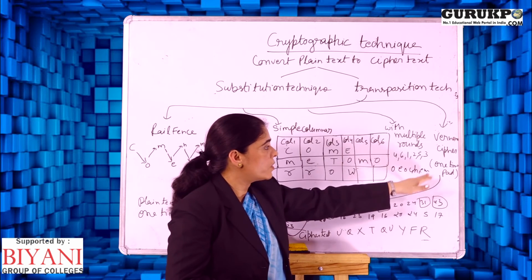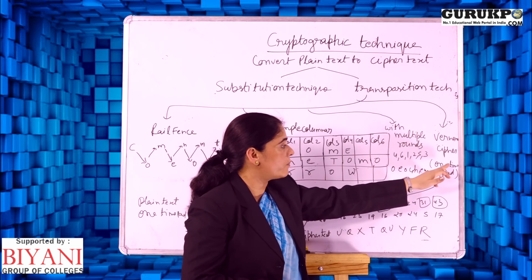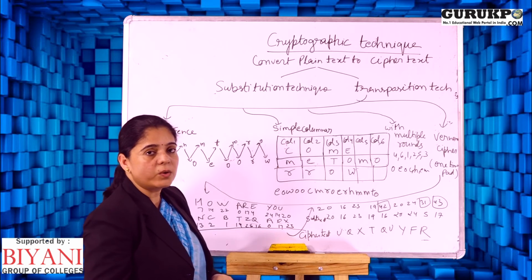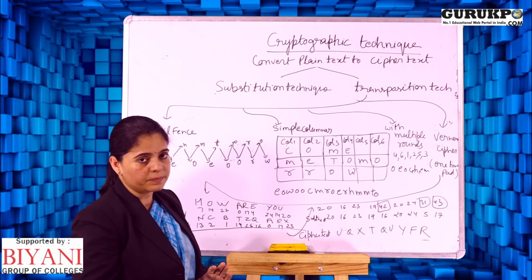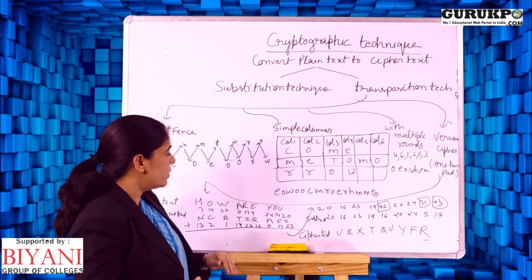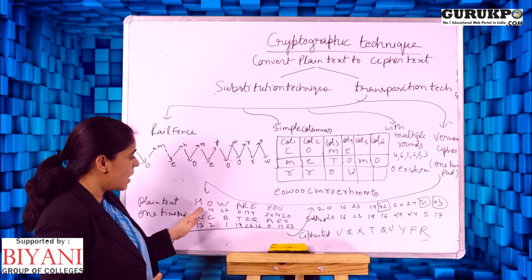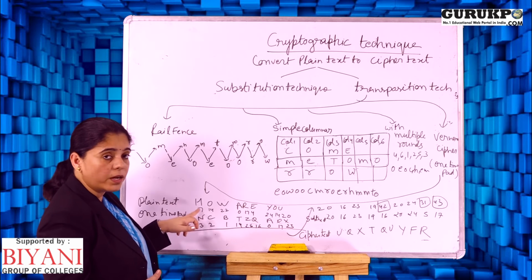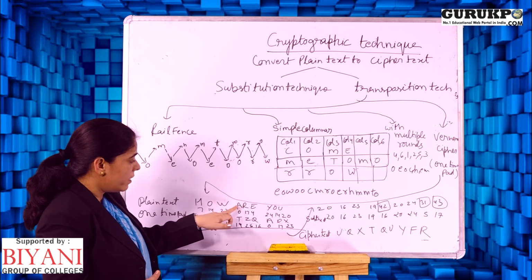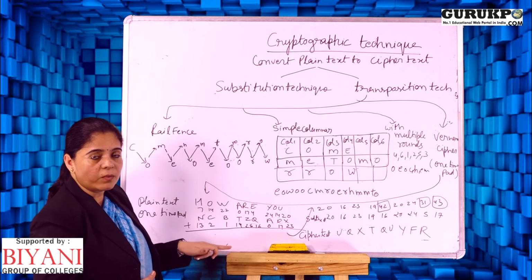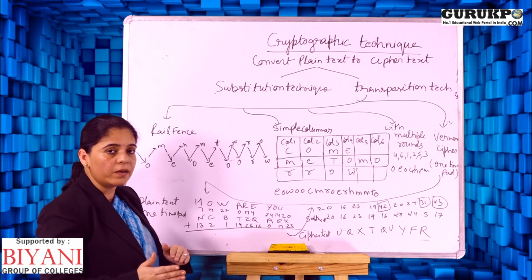The last one is the one-time pad cipher, also called the one-time pad. In this cipher, we use a one-time session key, and after using that key we discard it. Suppose the plain text is how are you. We convert the alphabets into numbers, where A is 0, H is 7, and O is 14, from 0 to 25.